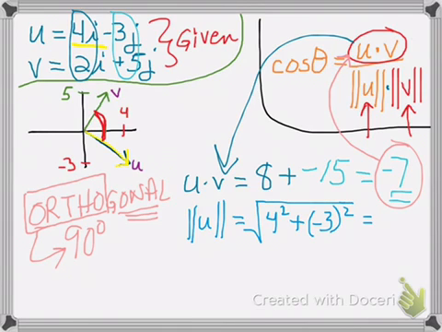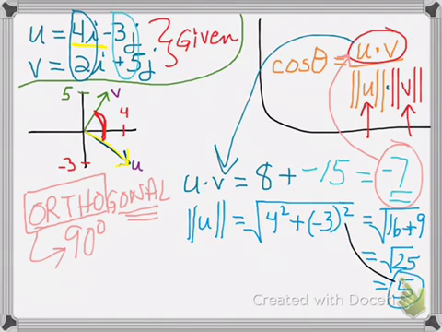All right, so we get 16 plus 9, and that gives us 25 under the square root, which is equal to 5. So that number is what is going to go right here, okay? So far we have -7 on top, we have 5 on the bottom.